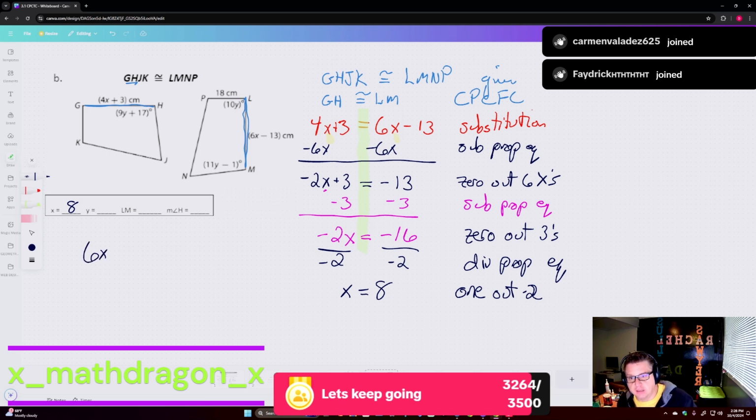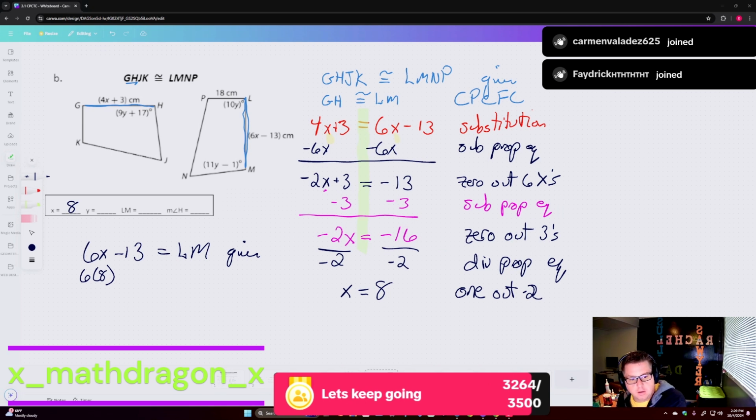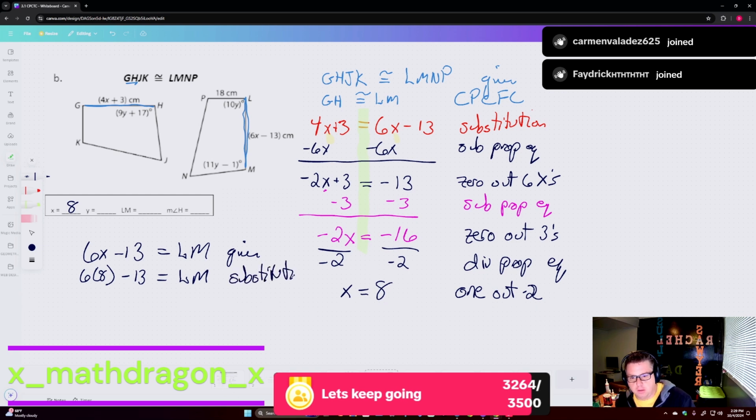I can plug it back into LM. So 6x minus 13 equals LM. That's given. I know x is 8, so I'm going to do 6 times 8. Okay, so it just showed that I disconnected, which is neither here nor there for me, as long as the video didn't stop recording, so I'll have to check that.